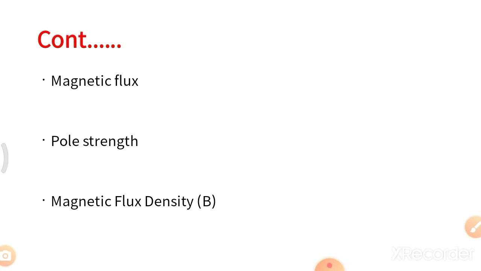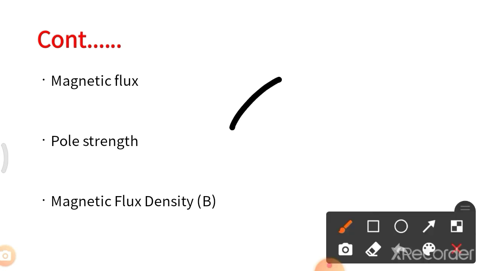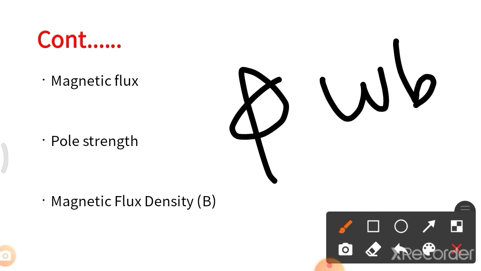Next term is magnetic flux. Total number of lines of force present in a particular magnetic field is called as a magnetic flux. It is represented by symbol phi. The unit of magnetic flux is Weber, that is Wb.